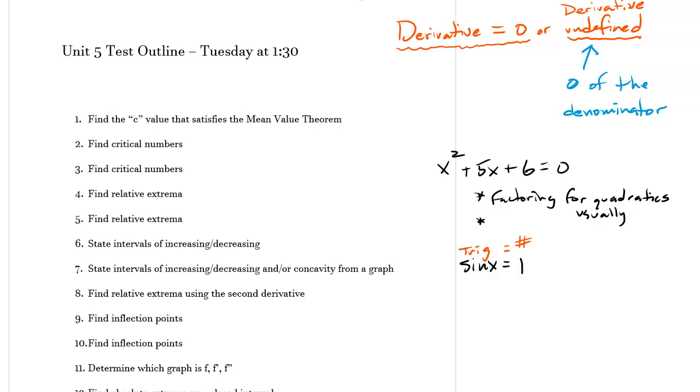I just wanted to go over it in case somebody forgot. Absolutely. That's probably going to be the most common method for most of you. So the trick for trig problems is make sure that you have the trig function equal to a number. If you have it set up like this, then the unit circle is a possible way to solve. That's the only way to really solve trig problems, is to get them like that.